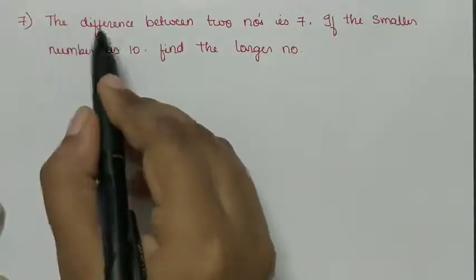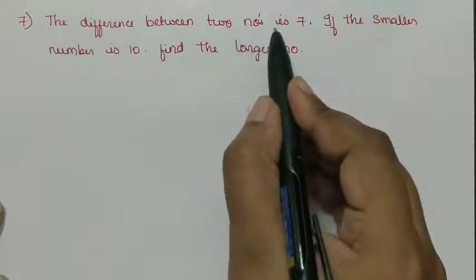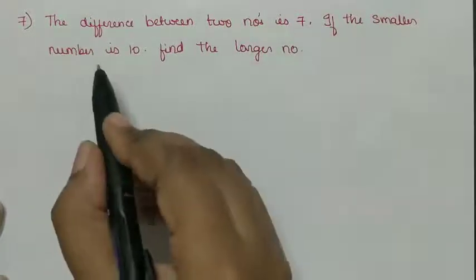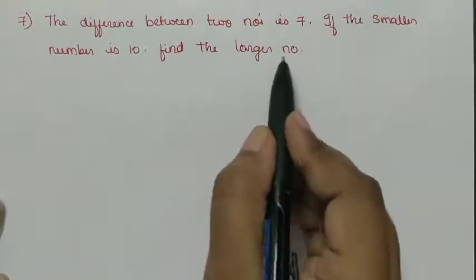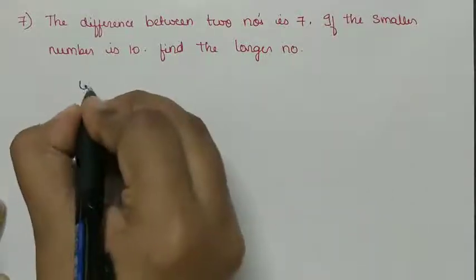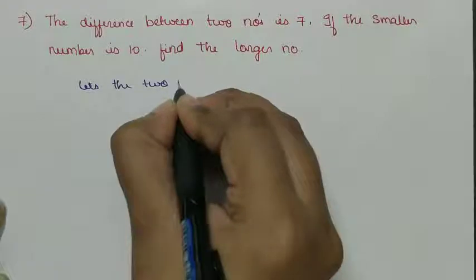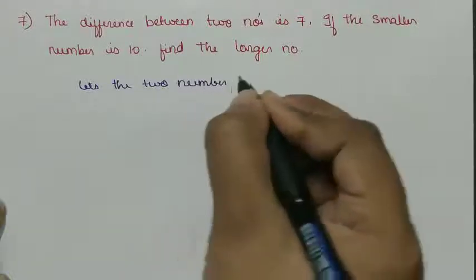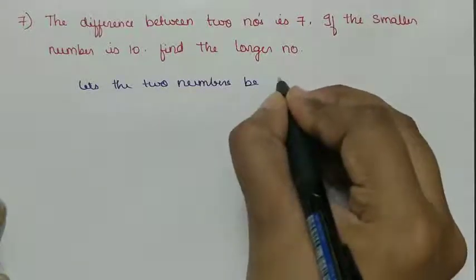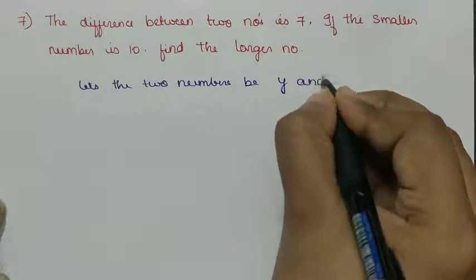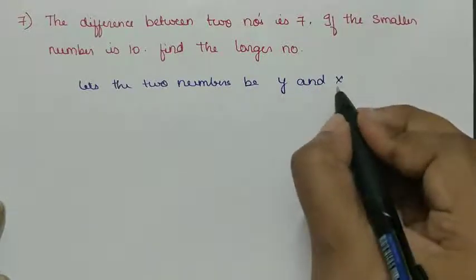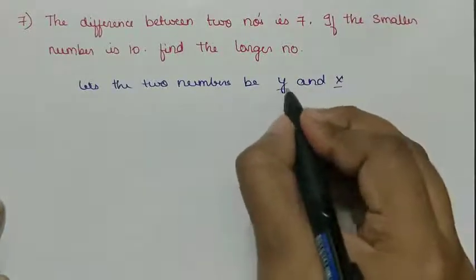Seventh one, the difference between two numbers is 7. If the smaller number is 10, find the larger number. Let the two numbers be y and x. The smaller number be x and the larger number be y.